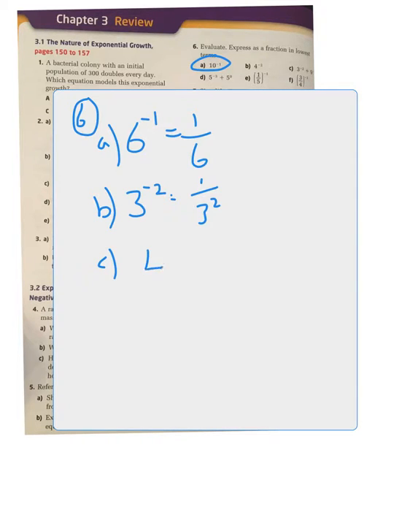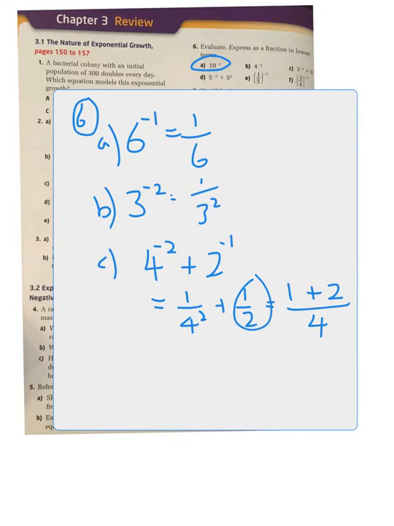It says for an equivalent question would be something like this. So we can't combine them, so 1 over 4 squared plus 1 over 2, that's a quarter plus a half. Common denominator is 4. So 1 plus 2 quarters, because 1/2 is 2 quarters, so 3 quarters. So try question 6 on your own.